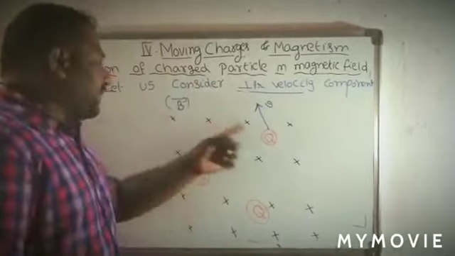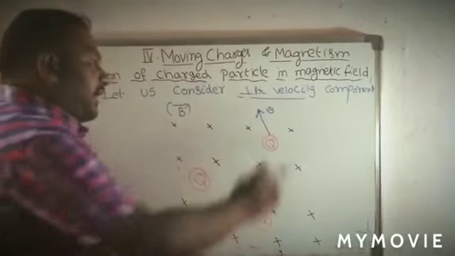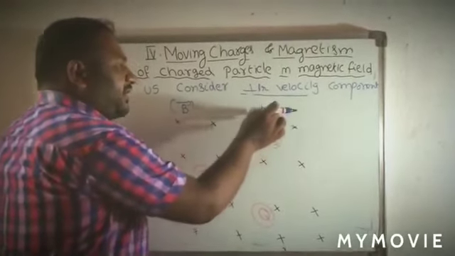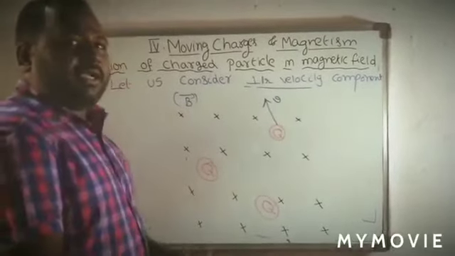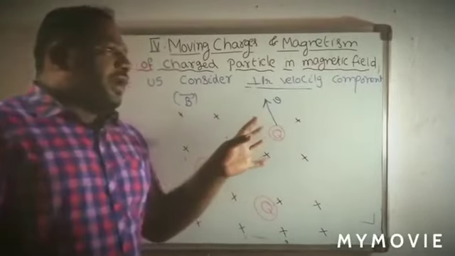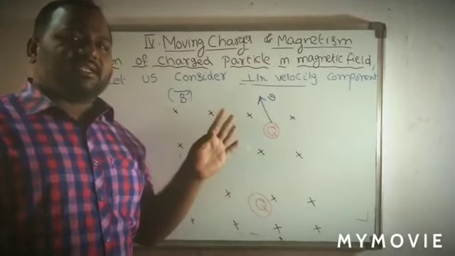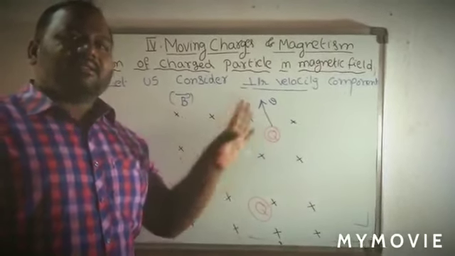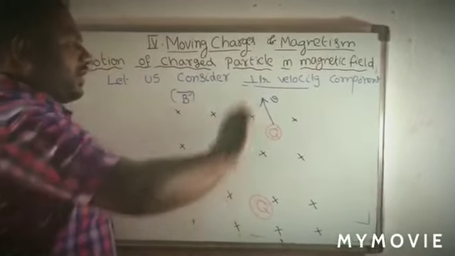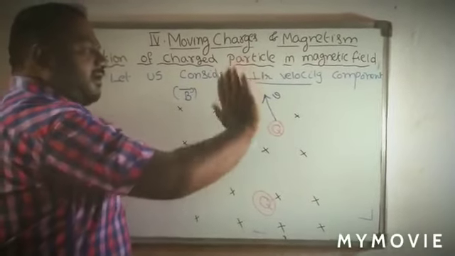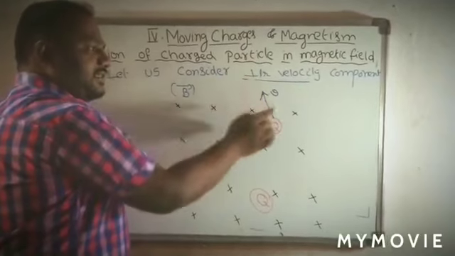Now I consider a charged particle with this velocity component. Here we have to find the direction of the force. The direction of the force is given by the right hand thumb rule. Take your right hand and curl your fingers.